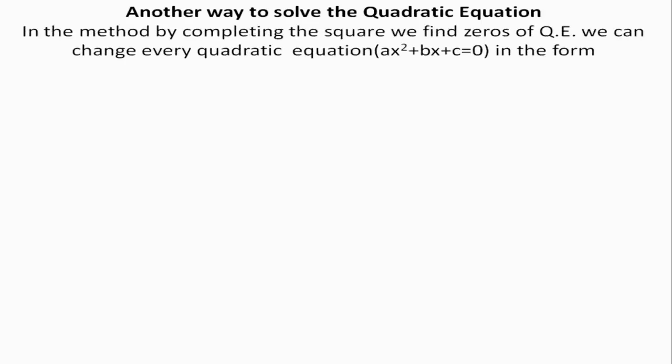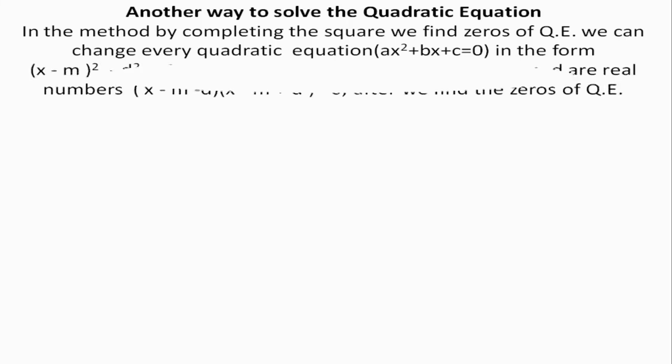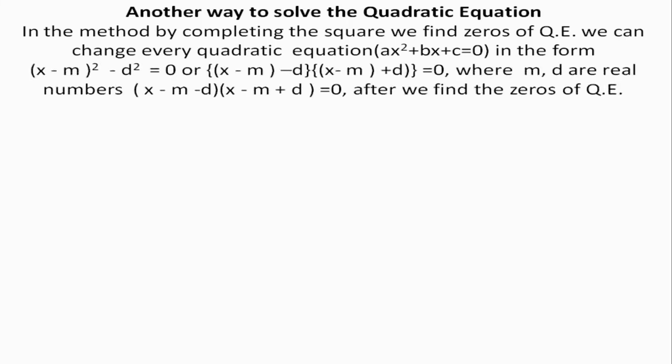There is also one another way to solve the quadratic equations. We can change this quadratic equation into the form, as previously, (x minus m) whole square minus d square. In the completing the square method, we already did it.